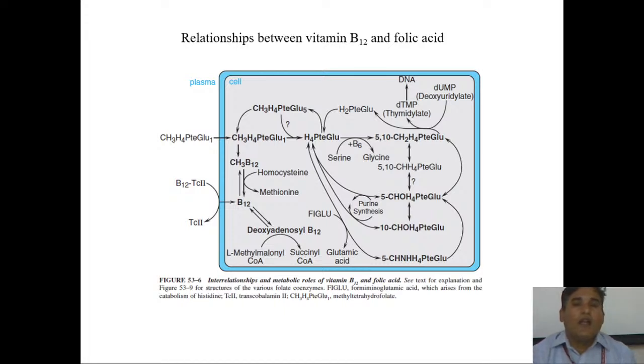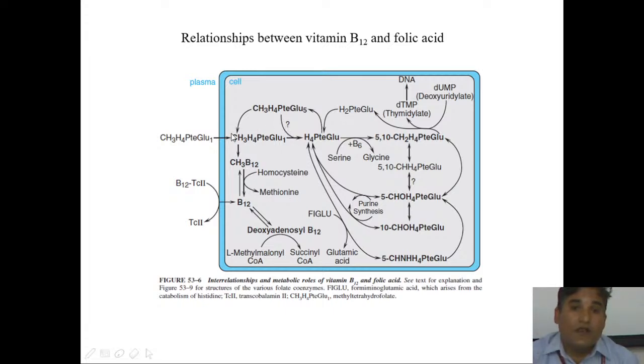This is the relationship of how vitamin B12 and folic acid are related to each other. Vitamin B12 gets absorbed with the transcobalamin 2 complex, and when it reaches the cells, it is very important for the conversion of homocysteine to methionine, and also for activation of folic acid.